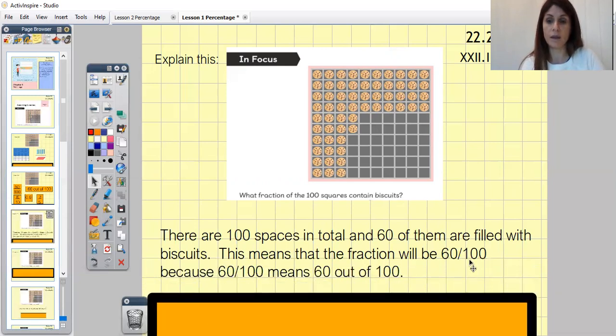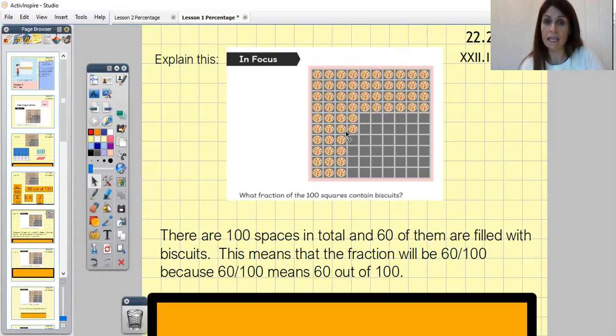Okay, so this is where I have tried to explain my thinking. So I said there are 100 spaces in total. So that's my denominator, isn't it? And 60 of them are filled with biscuits. This means that the fraction will be 60 over 100 because 60 over 100 means 60 out of 100.